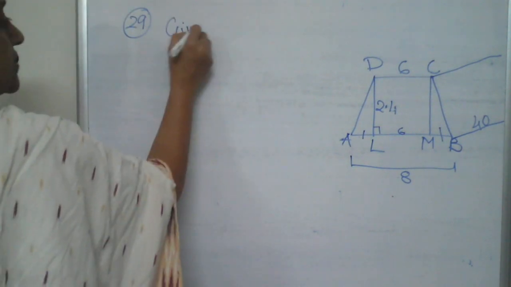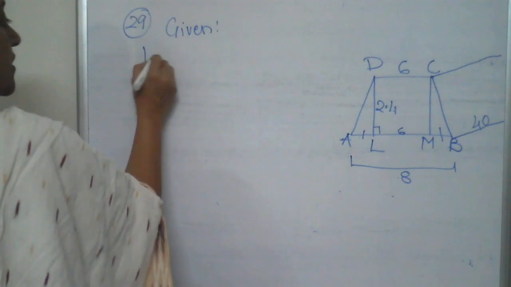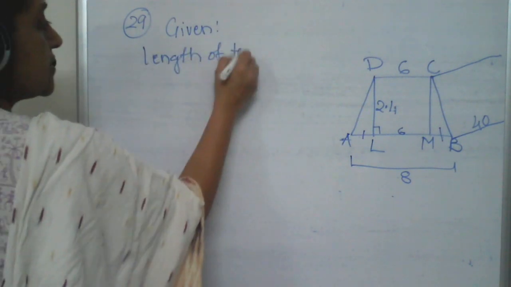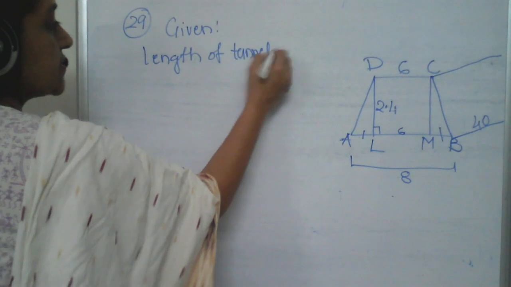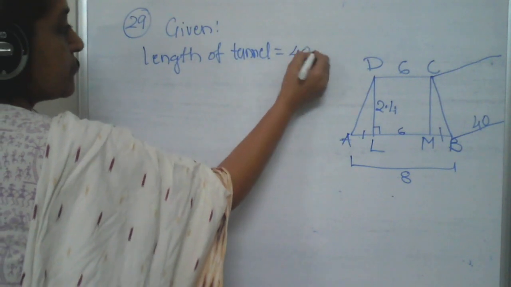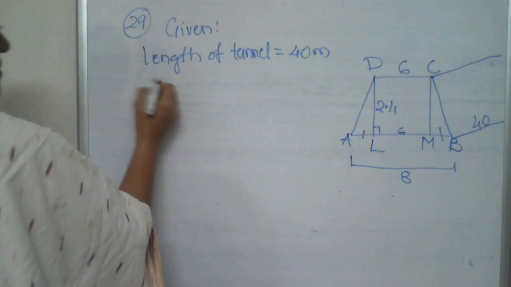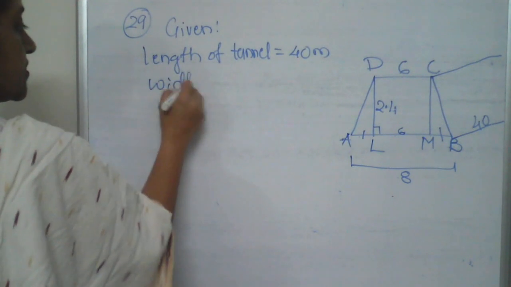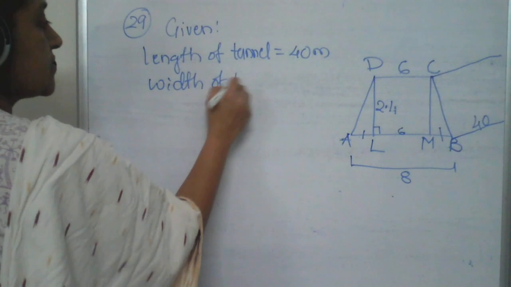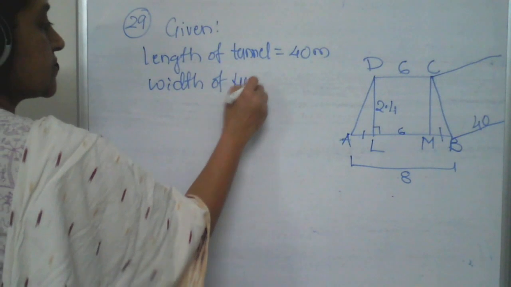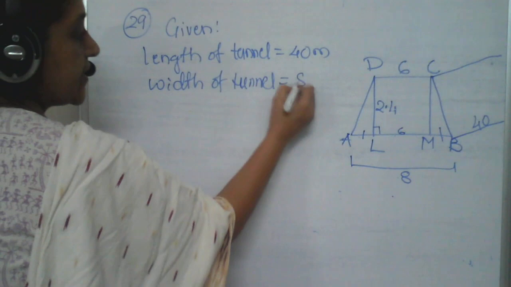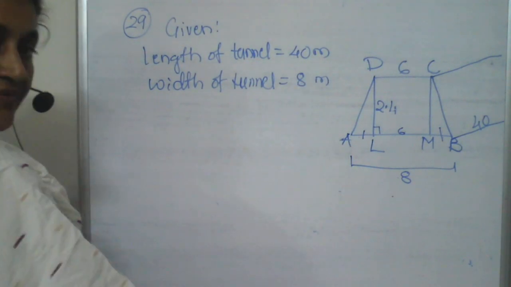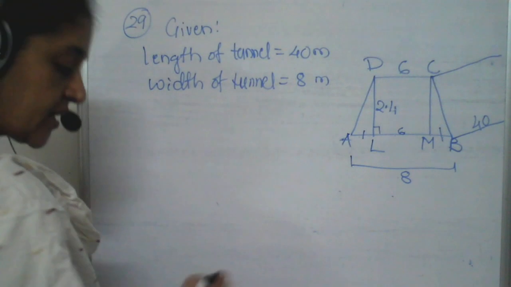Okay, so we'll go ahead with writing a few things as given. What is given is: length of tunnel is equal to 40 meter and breadth or width of tunnel is equal to 8 meter. With the length and breadth we can find the area.